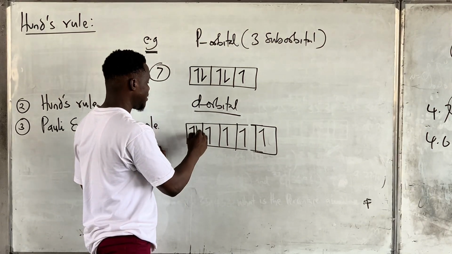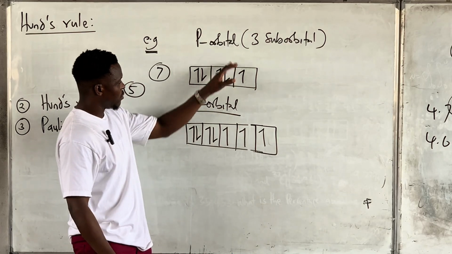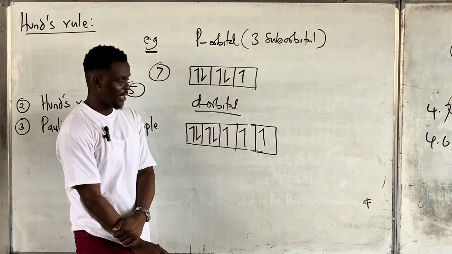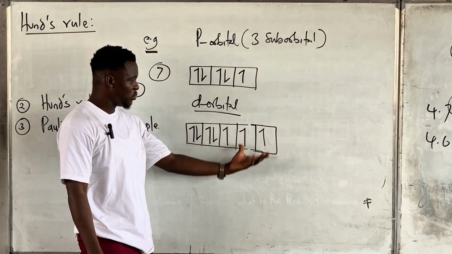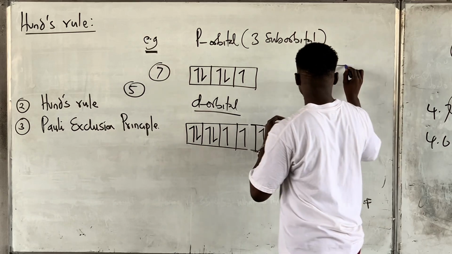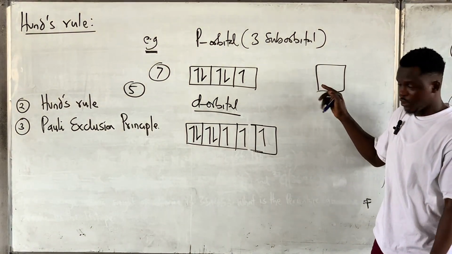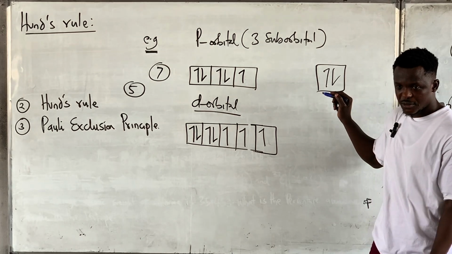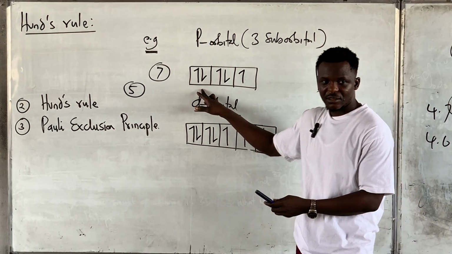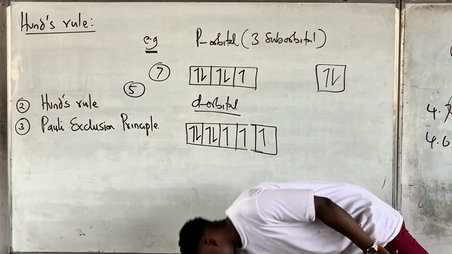Then come back to 6 and what? 7. F orbital is also degenerate, but it's more advanced than this level. So these are the two degenerate orbitals. S is not degenerate. S is just a single box. So here you can have 1, 2, right? But for P and for D, for anyone to be paired, all of them at least must have 1 electron each. Same thing for D.